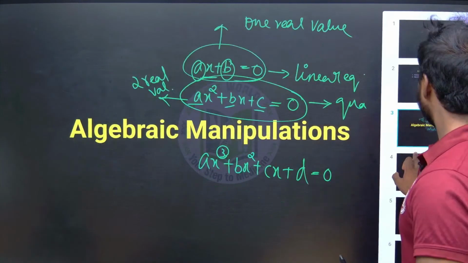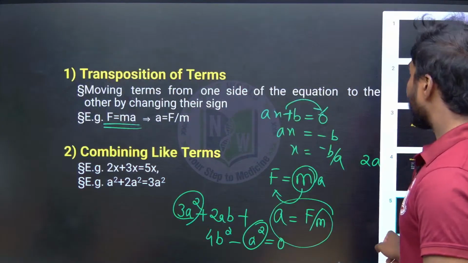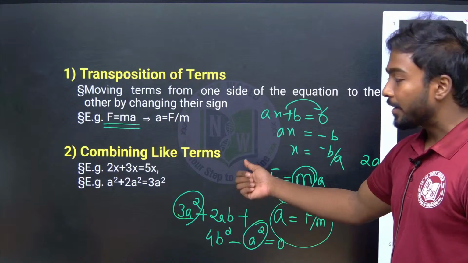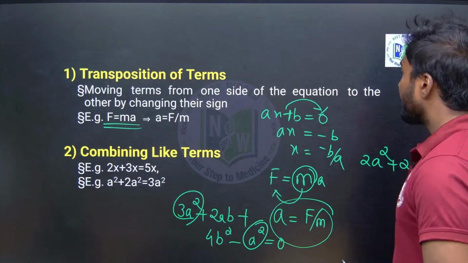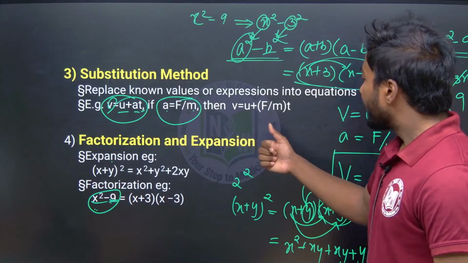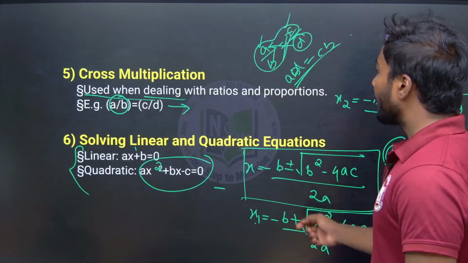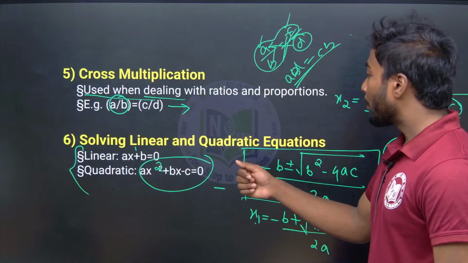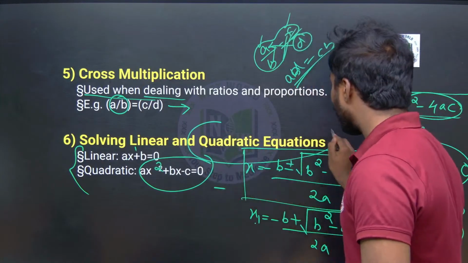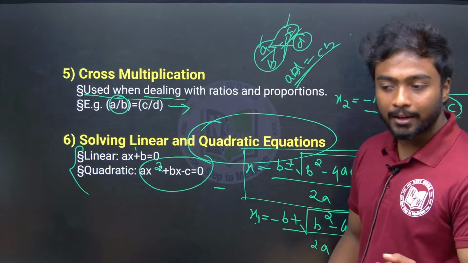First, we have seen what algebra is. In that, the first one is transposition of terms, second is combining like terms, third is substitution method, fourth is factorization and expansion, fifth is cross multiplication, then solving linear equations and quadratic equations. Especially when solving a quadratic equation, check whether the roots are real or imaginary.